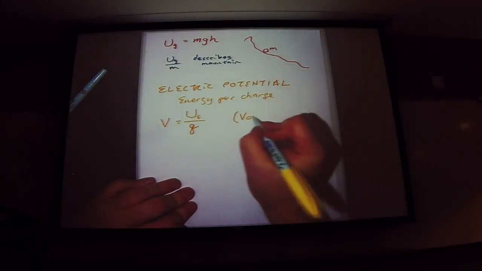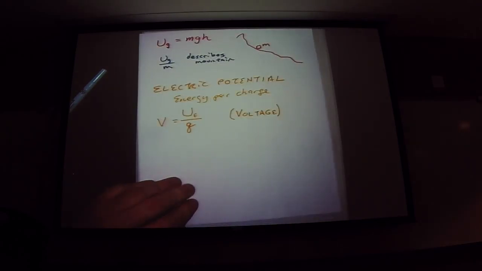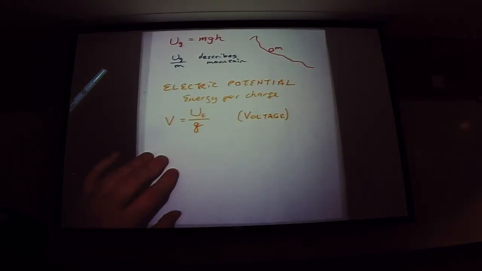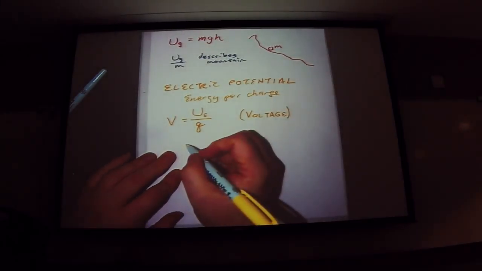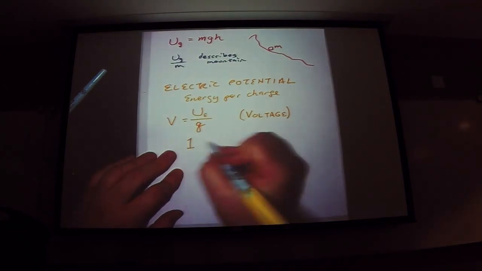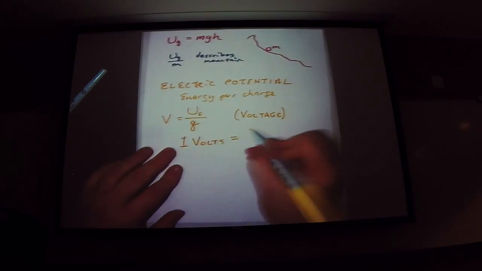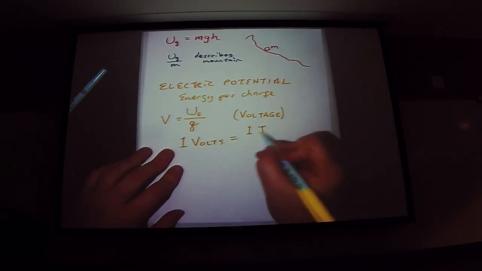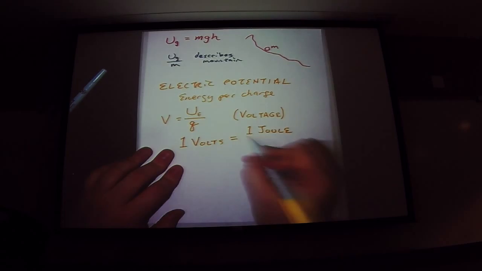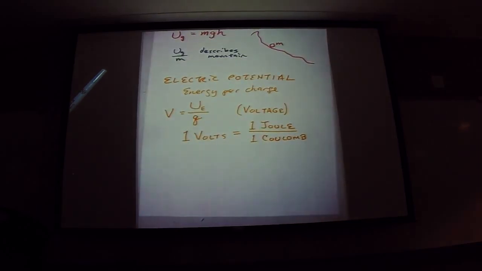That starts with V. And the units of voltage are what you think they would be: volts. The unit of voltage is volts. A volt is equivalent to one unit of energy per charge, which is a joule per coulomb. So a joule per coulomb is a volt.